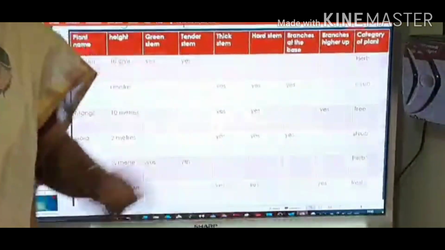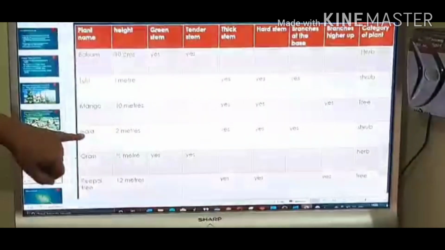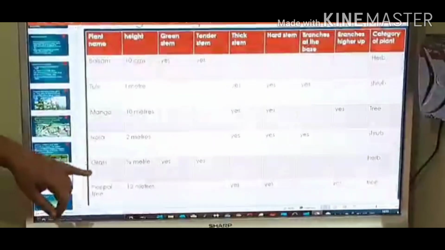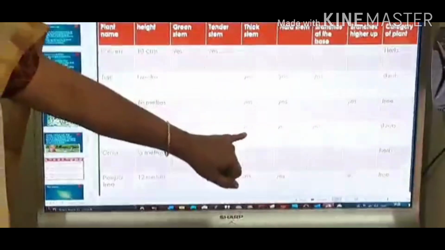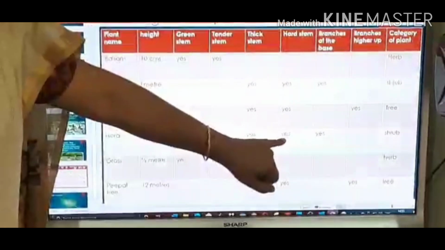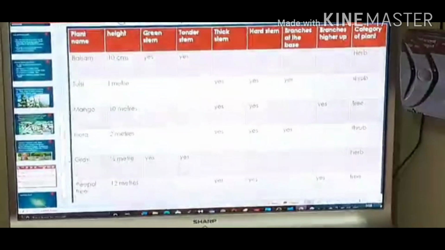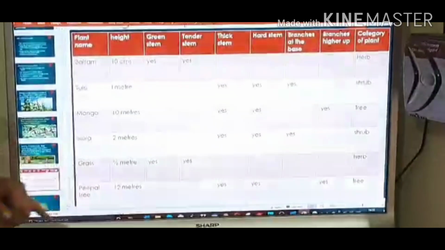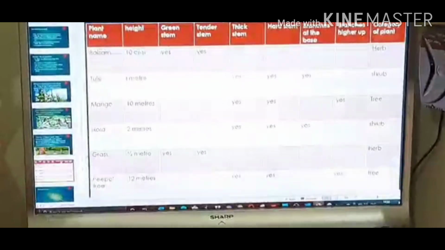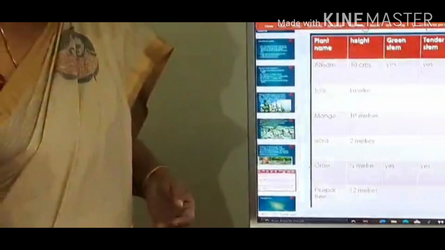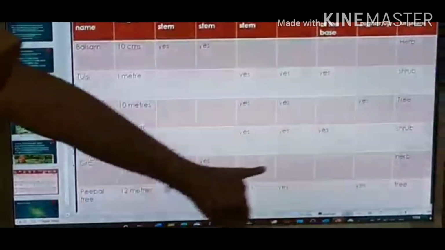It is a tree. Then Ixora, up to 2 meters, shoulder length. It has a thick stem, hard stem, branches at the base. So it is a shrub. Grass, only half a meter. Some grasses are half a meter, some are even smaller. Green stem, tender stem.